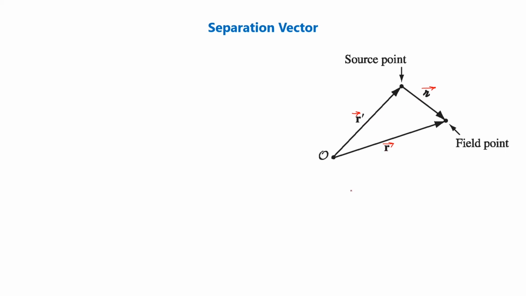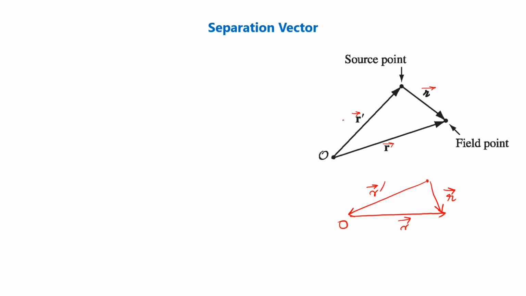Vector script r is the resultant of vector r prime and vector r. To show that, let's redraw this picture. If you want to add two vectors, then the head of one of the vectors will have to be at the tail of the second vector. So this is O, and this is vector r prime and this is vector r, so that this will be the resultant of the two vectors.